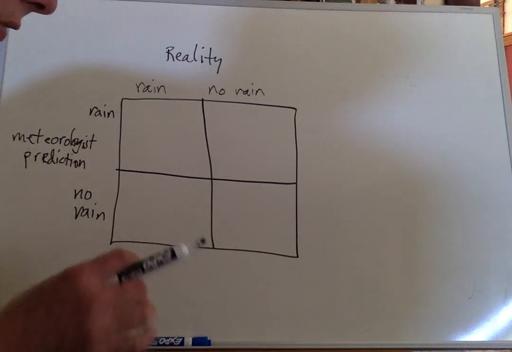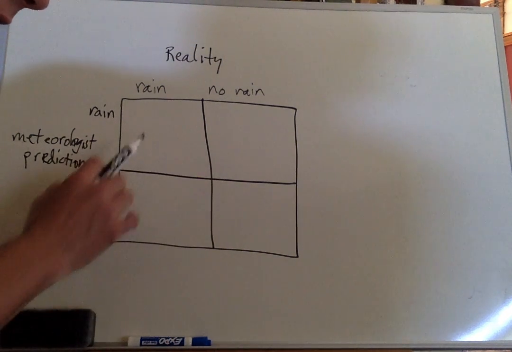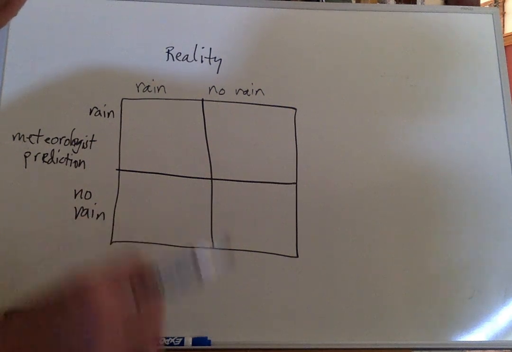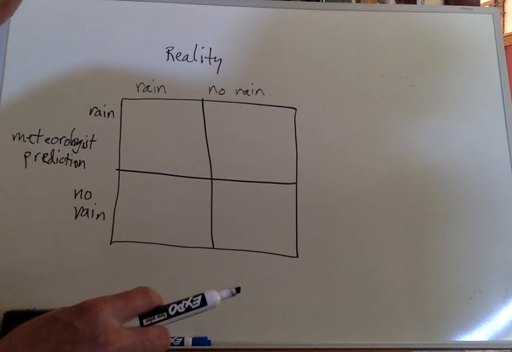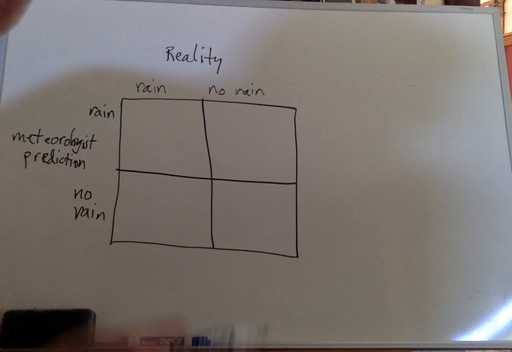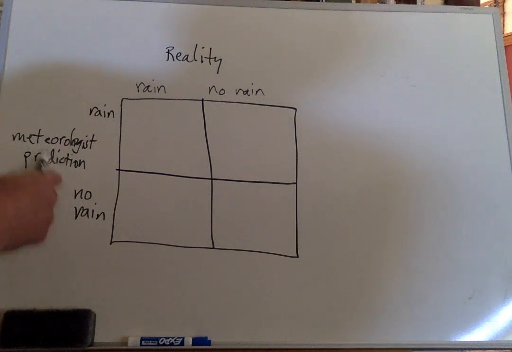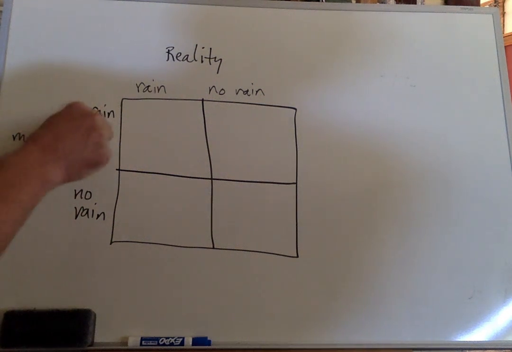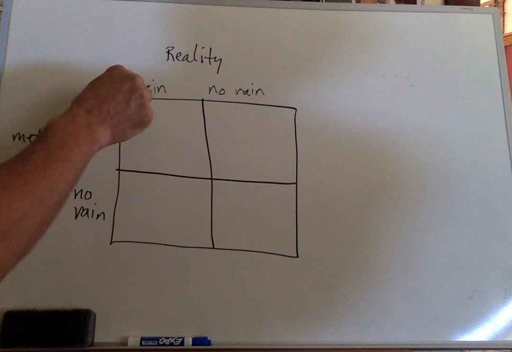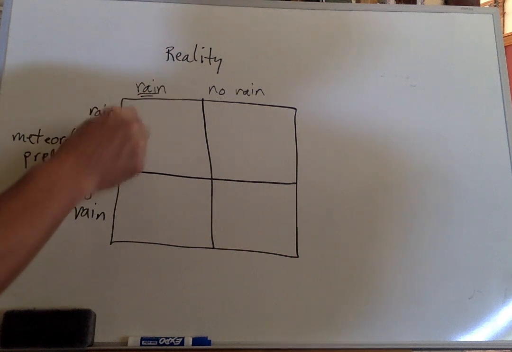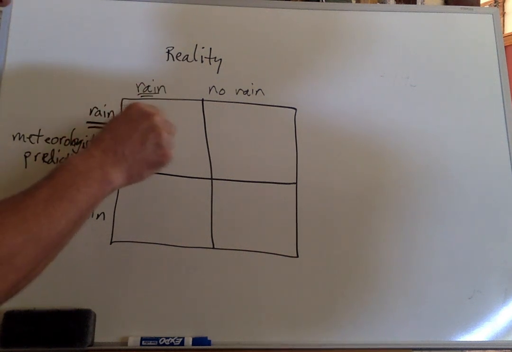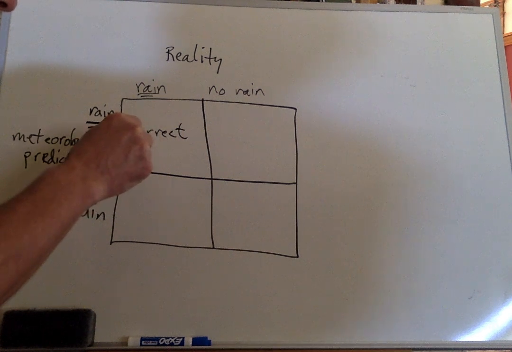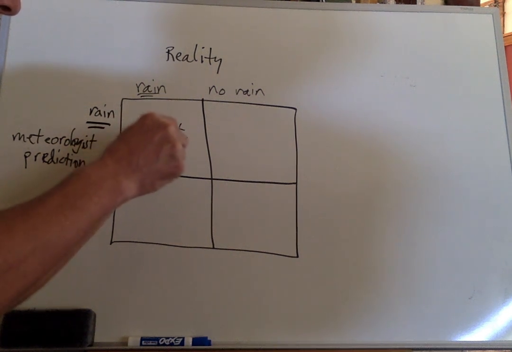Okay, and what we're going to do for each of these matrices is figure out how the prediction ends up matching reality. So if the meteorologist predicted rain and it ends up raining, well, then the meteorologist was correct, right? And we're going to call this a hit.